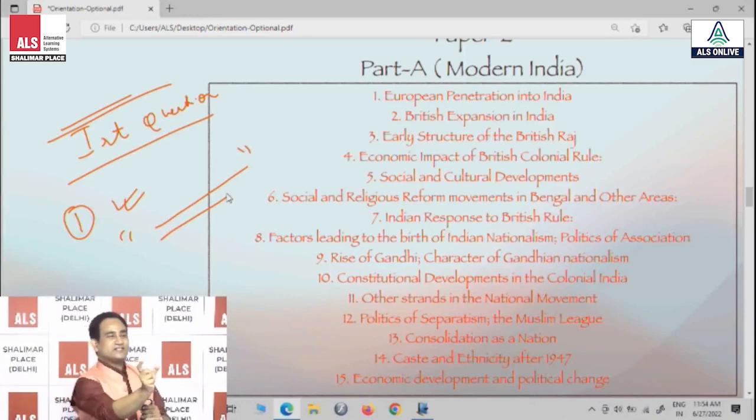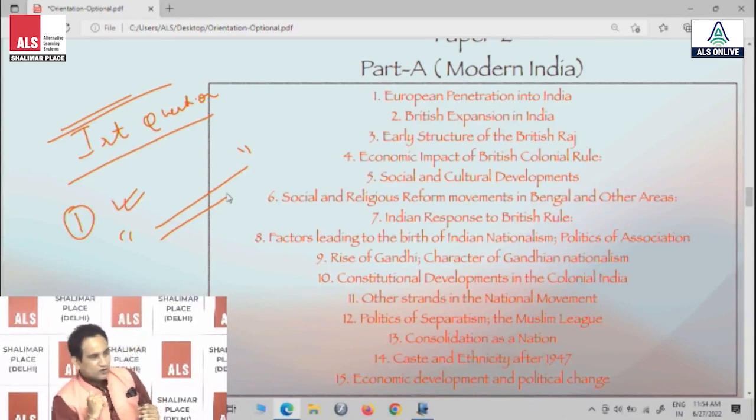Suppose there is a statement on Ryotwari settlement, Tipu Sultan, Ranjit Singh, or the Battle of Plassey, you have to comment. When you have understanding, you can comment. But when you don't have factual details about a person, how will you comment?